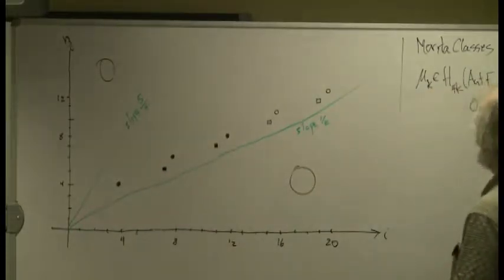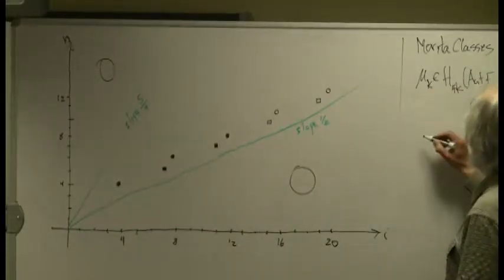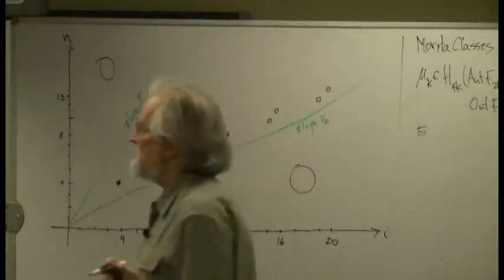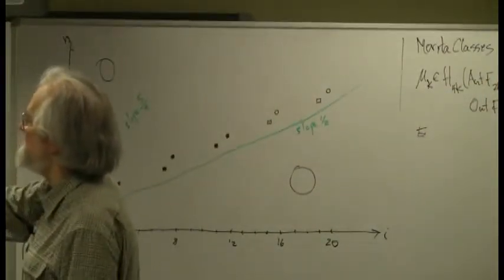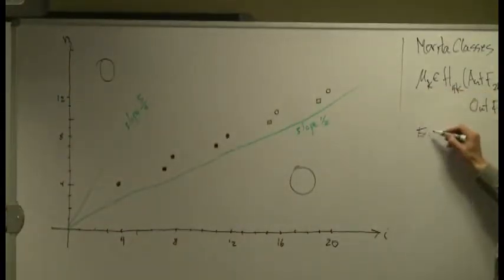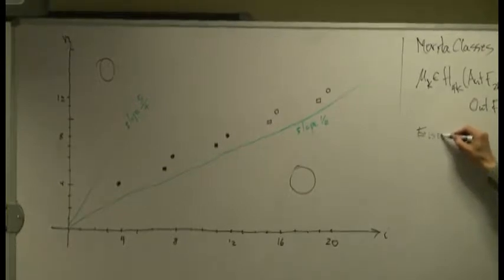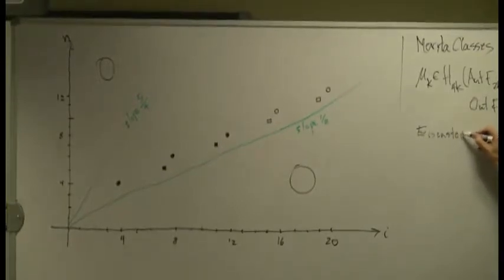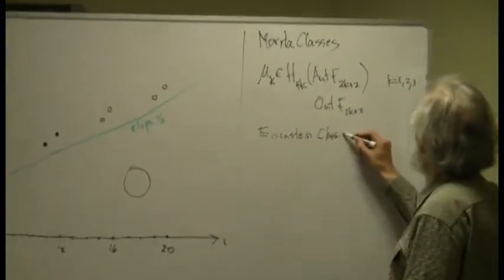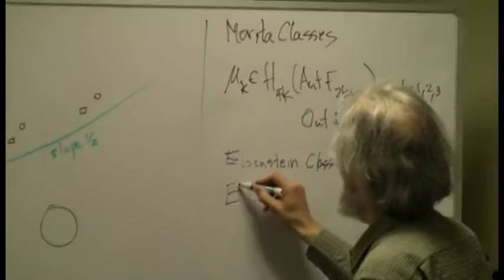Okay, so that's these round circles. Then the squares were classes constructed by Conant and Vogtmann, originally I believe. They're called Eisenstein classes. They have something to do with Eisenstein series and modular forms. Maybe I'll call them E_k.